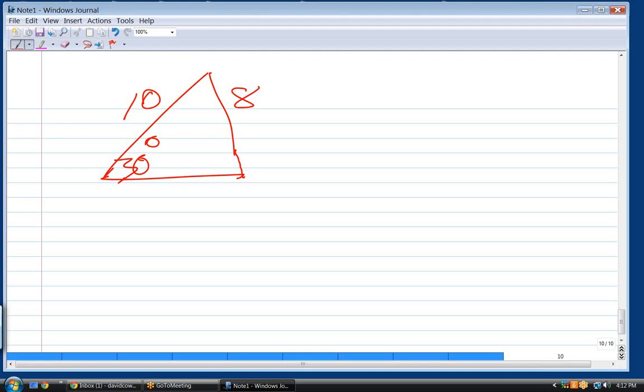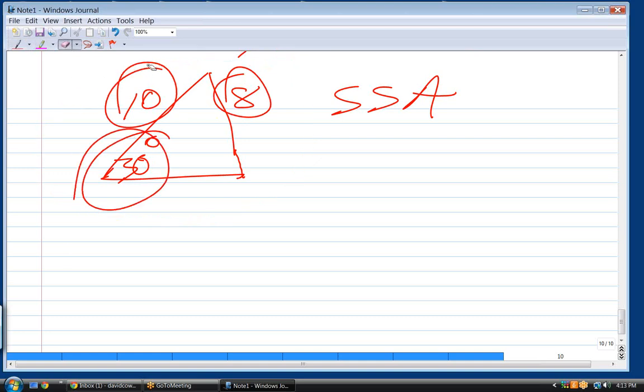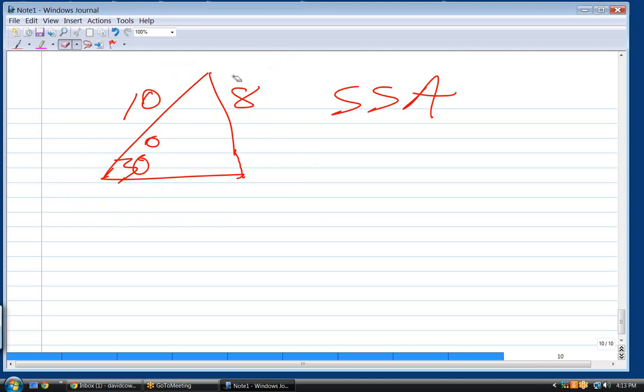There is one type of triangle where it's side-side angle. This one right here. We have a side-side angle in that order. When you have this problem, you potentially have 2 possible triangles.